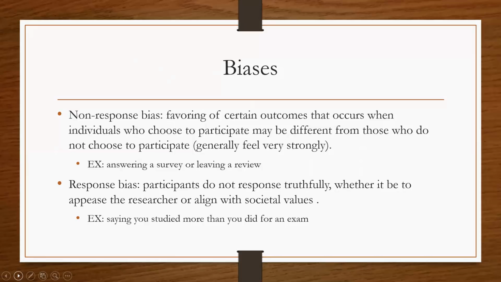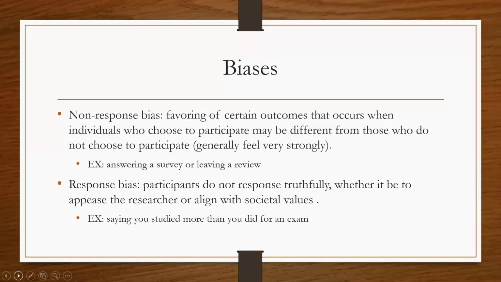Let's say in this example, you're doing an exam, and you say you studied a lot more than you actually studied for the exam. It's like pleasing a teacher, because teachers always like to see, oh, this person studied 300 hours for my exam, amazing, rather than see someone who said they didn't study.